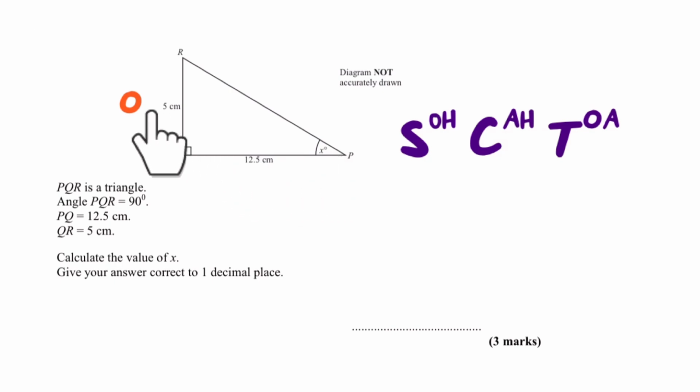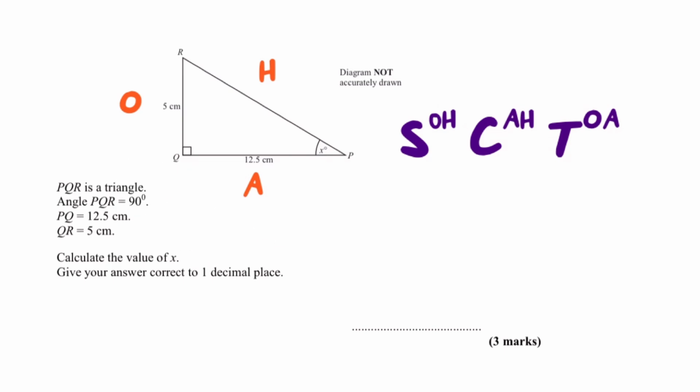Let's label our triangle again with O for opposite the angle, H for hypotenuse, which is a slanted, and A. So again, which two letters have something next to it? So the O has the 5 and the A has the 12.5. So that means we're going to use these two. So the formula that uses both O and A is tan.